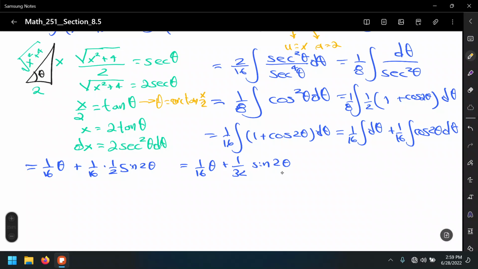On the other hand, notice this sine of 2 theta. Recall that the trigonometric substitution for which we use this triangle right here is only good for theta, not for 2 theta. That means that we need to use another trigonometric identity.